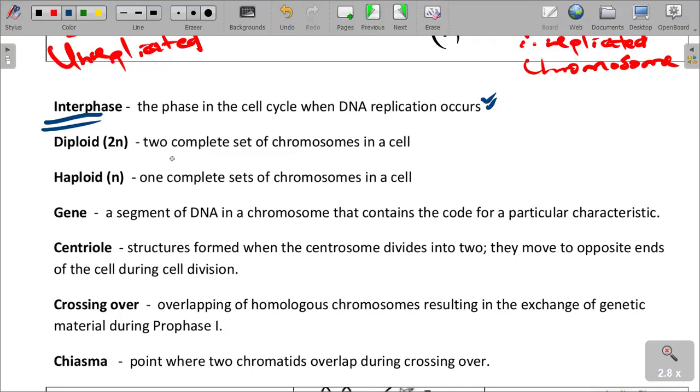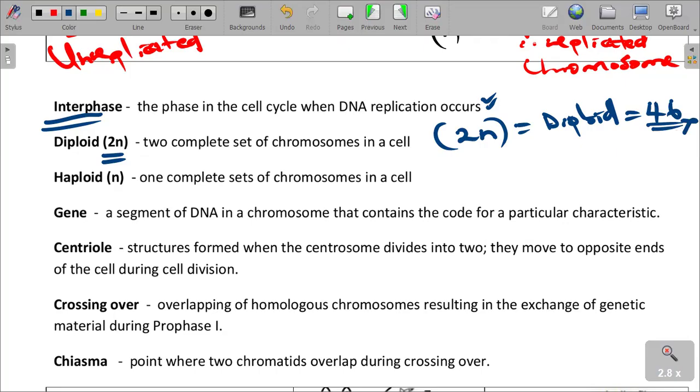We have got the term diploid, which is also given as 2n. I also told you, if we say 2n, it is equally the same as what? As diploid, equally the same as what? As 46. I will normally want to use the number of chromosomes in human beings, because that is the one that is quite known. If I talk about any other organisms, you might be confused. Let's use 46 as the most known number of chromosomes.